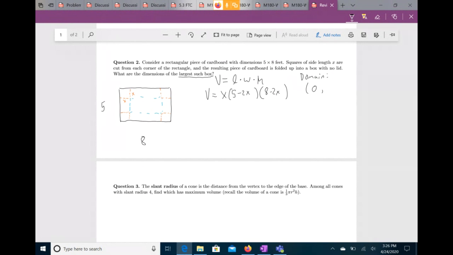Good, 2.5, 5 over 2. If x is 2.5, then on the length 5 side, the squares will eliminate that whole side when I cut them out. I'm using an open parenthesis because if it was 2.5, I would cut out so much that there's no box.